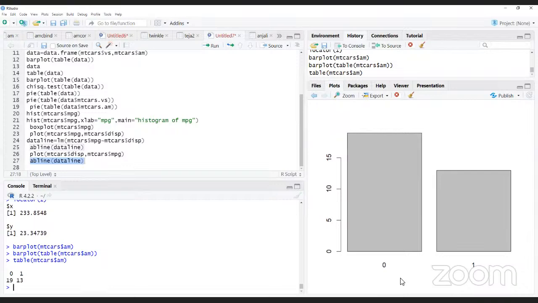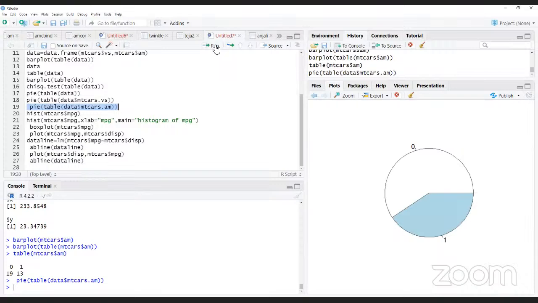Now, instead of bar plot, you can use the pie. So instead of bar plot, you can write down pie. Pie is there, no? Yes, the pie is there, sir. Yeah, so this is the pie chart.